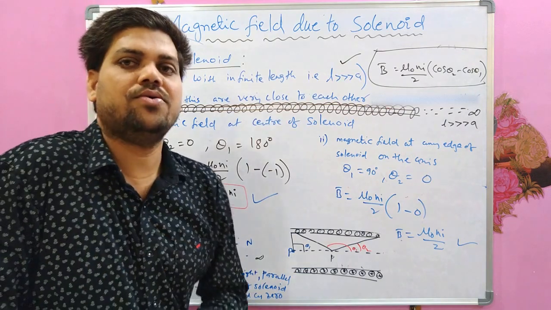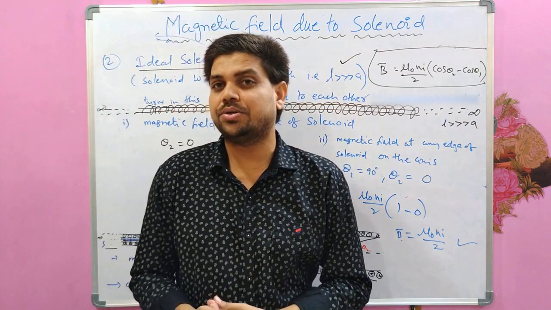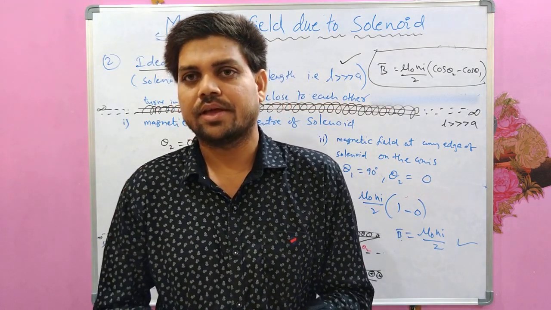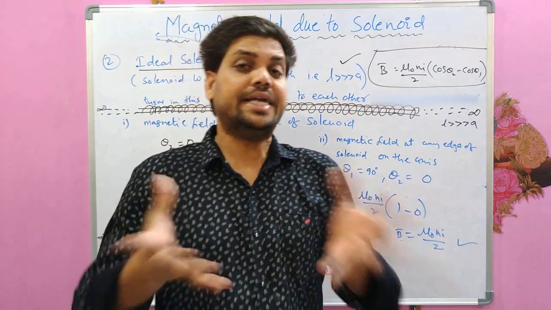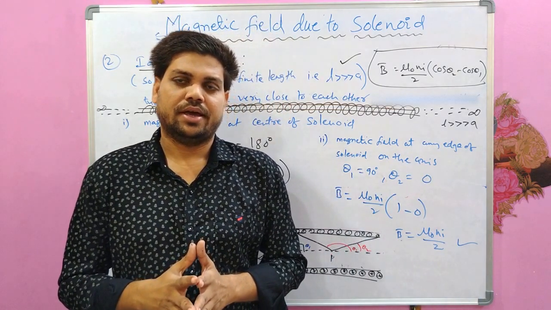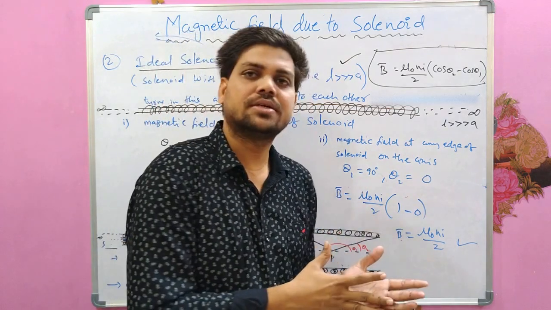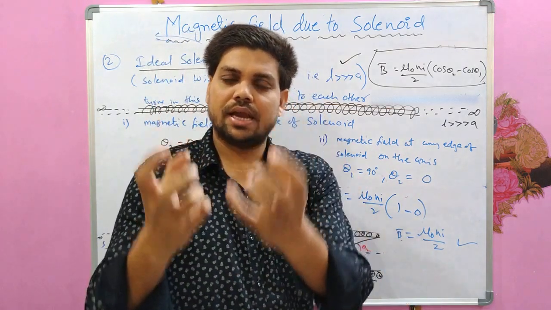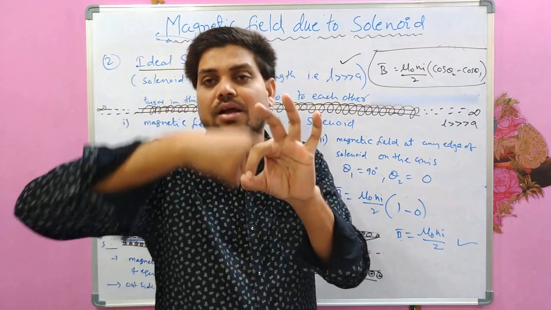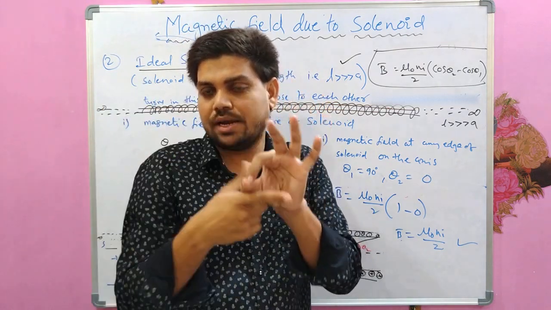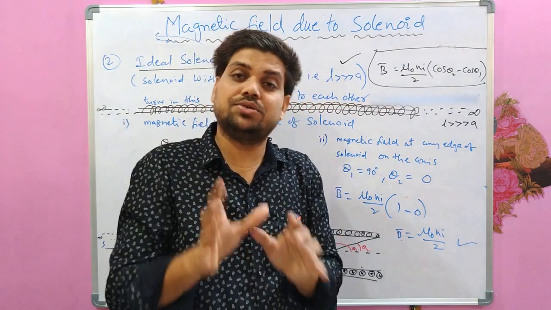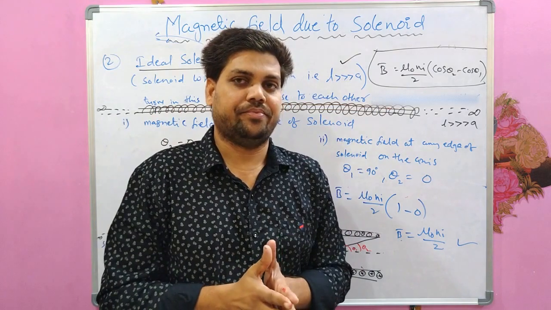So this is how the magnetic field produced by the solenoid carrying current I can be found in the interior of the solenoid. And we have done this with the help of the formula of magnetic field due to a circular current carrying coil on the axis, which was derived using Biot-Savart's law.